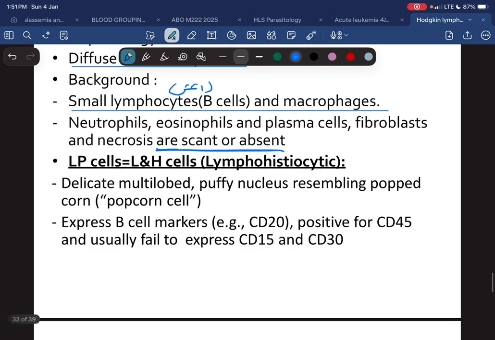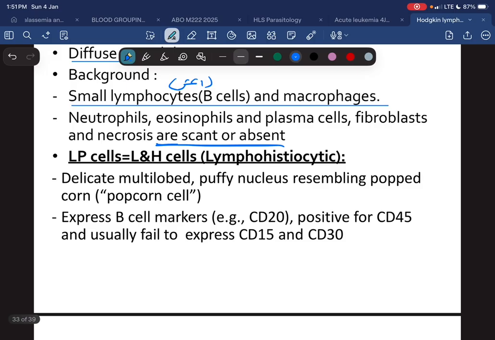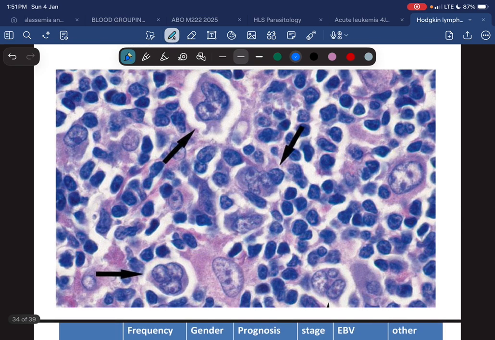Plus the neoplastic cells. Neoplastic cells in this type are called what? The RS cells are called LP cells, lymphocyte predominant cells, or lymphohistiocytic cells because they resemble histiocytes, they resemble macrophages, okay? So they are called LP cells, or LH cells, lymphohistiocytic cells.